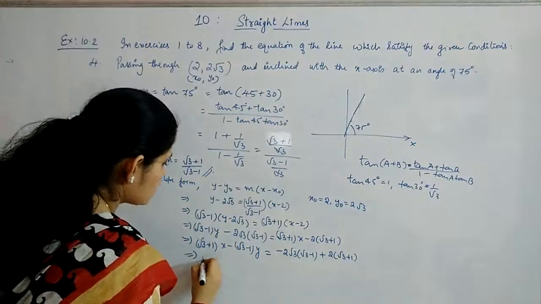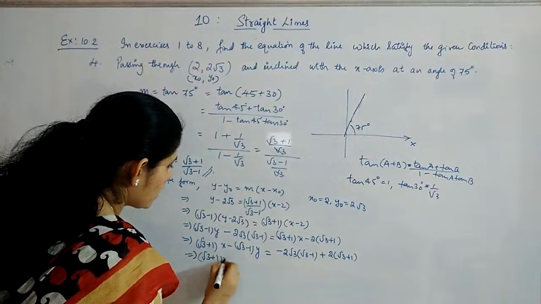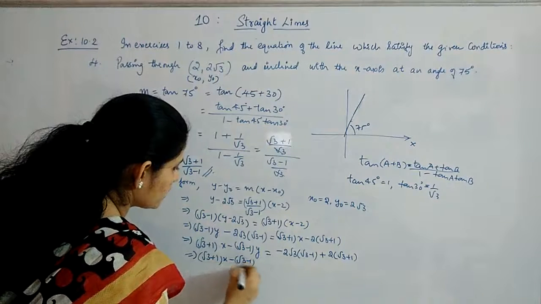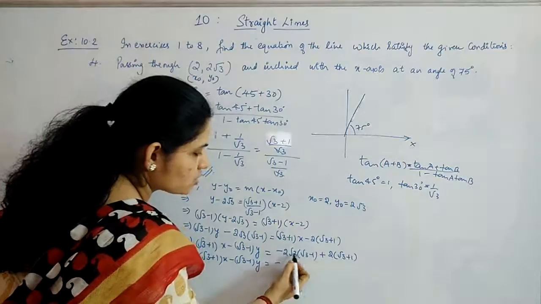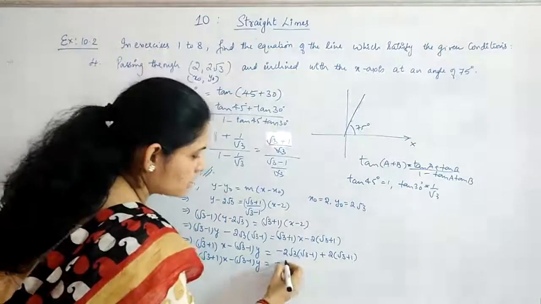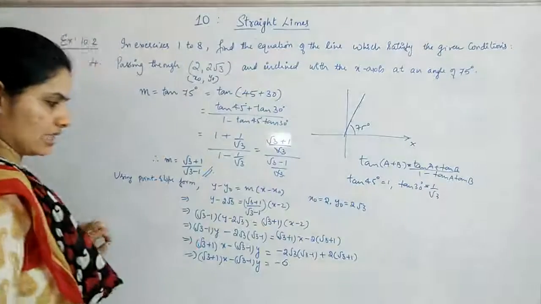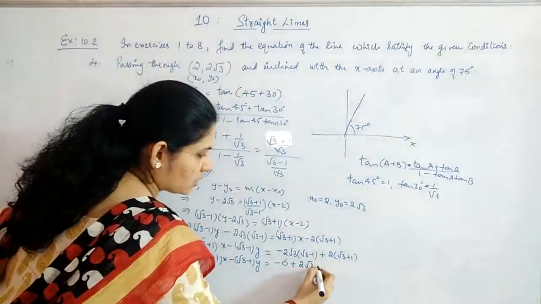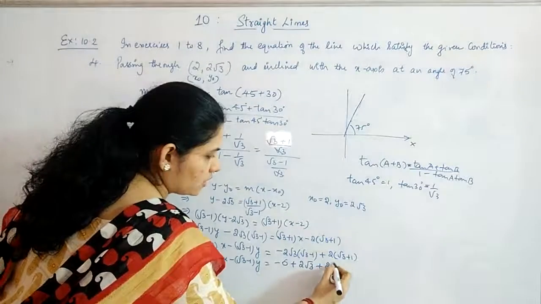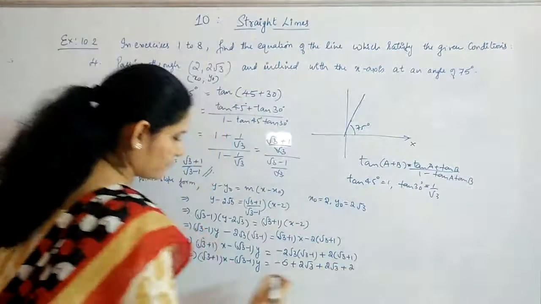So (root 3 plus 1) into x minus (root 3 minus 1) into y is equal to, here it will become minus 2 into root 3 times root 3, so 2 into 3, 6, minus 6, and minus into minus plus 2 root 3 plus 2 root 3 plus 2.